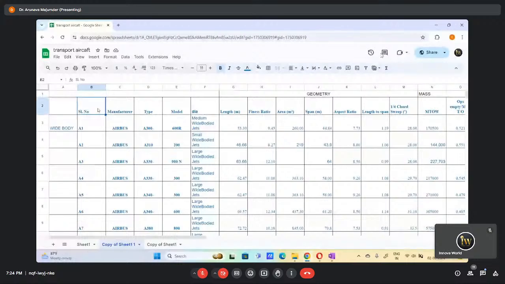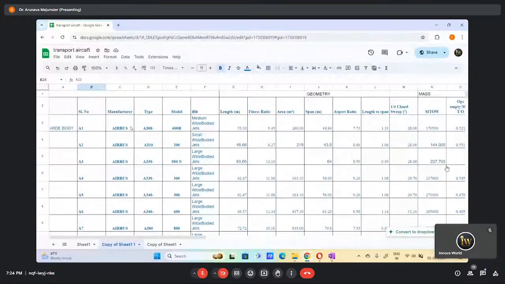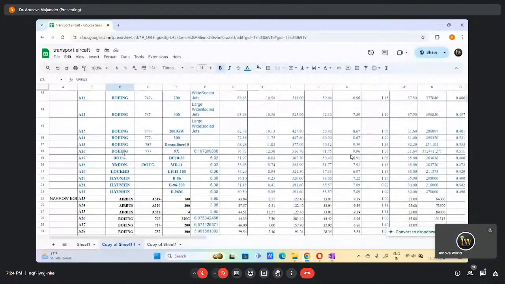So A1 to A22, 22 data are there. The second column is the manufacturer. You can see there are manufacturers Airbus, Boeing, McDonnell Douglas, and Lockheed. So different companies are there, and the names are written here.